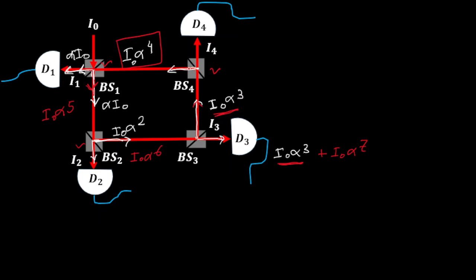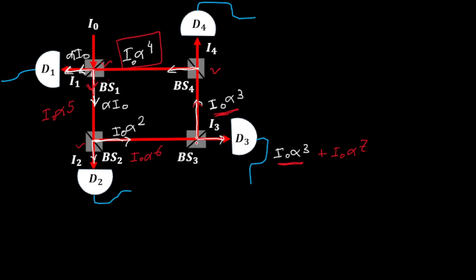So this intensity passes through 4 beam splitters: one time S4, one time S1, one time S2, and one time S3. That's why each time we have to multiply with alpha. So when this intensity comes back to detector 3, the intensity will be this intensity into alpha to the power 4, that is I naught into alpha to the power 7.